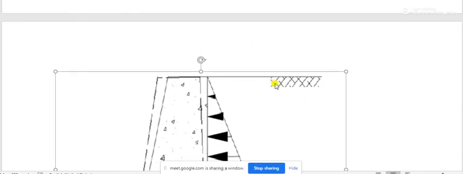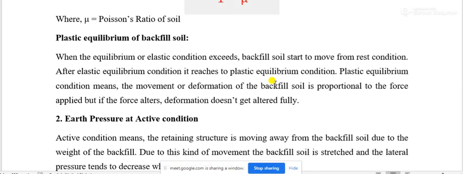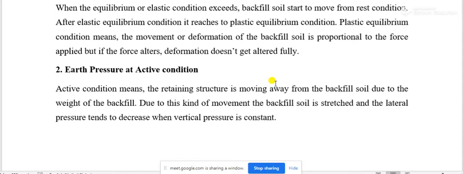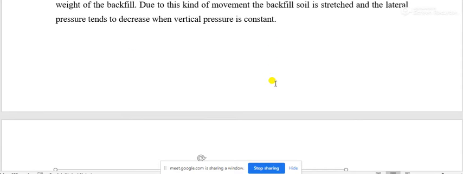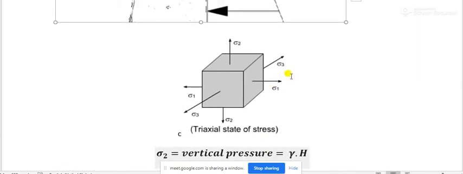If you remember the condition of principal stresses or triaxial stress state, which we discussed in the previous class, if sigma 1 is considered as lateral pressure, and sigma 2 is the vertical pressure, that is gamma h, then sigma 1 is decreasing up to some position of the retaining wall, but sigma 2, that is gamma h, is constant.